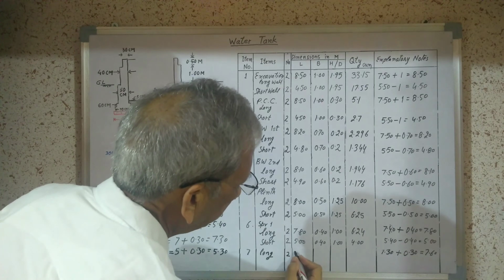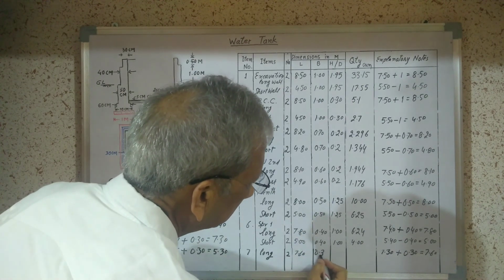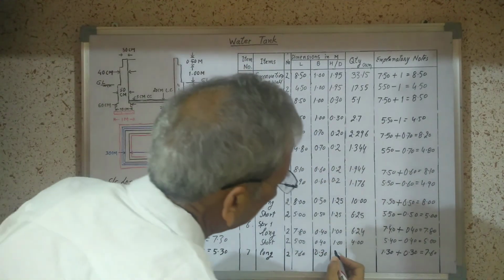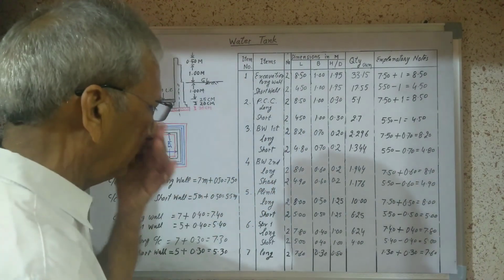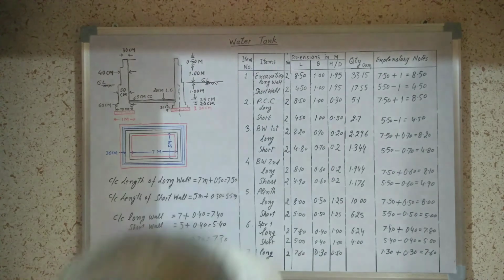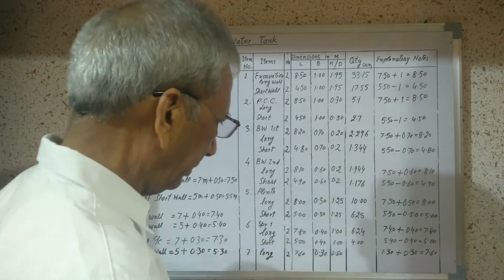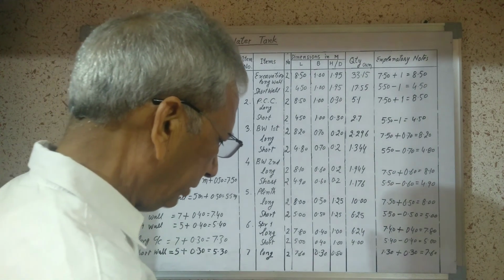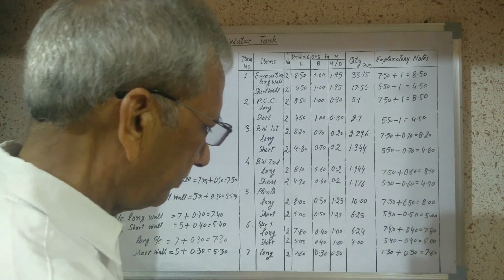We will write 7.60. Width 0.30 and height 50 centimeter. Now the total quantity will be 2 multiplied by 7.6 multiplied by 0.3 and multiplied by 0.5. It is 2.28.